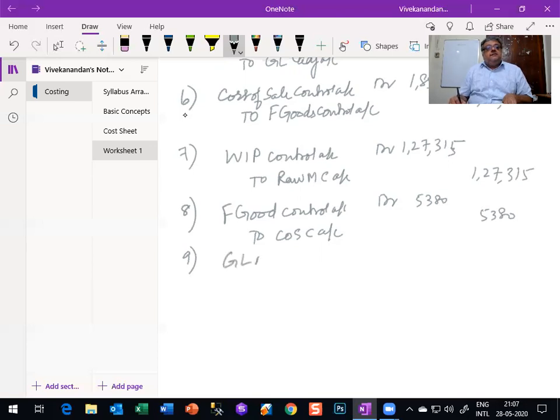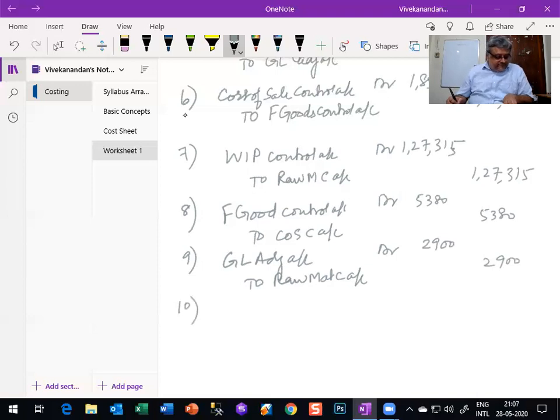General ledger adjustment account debit to raw materials control account. How much? 2,900. Okay.